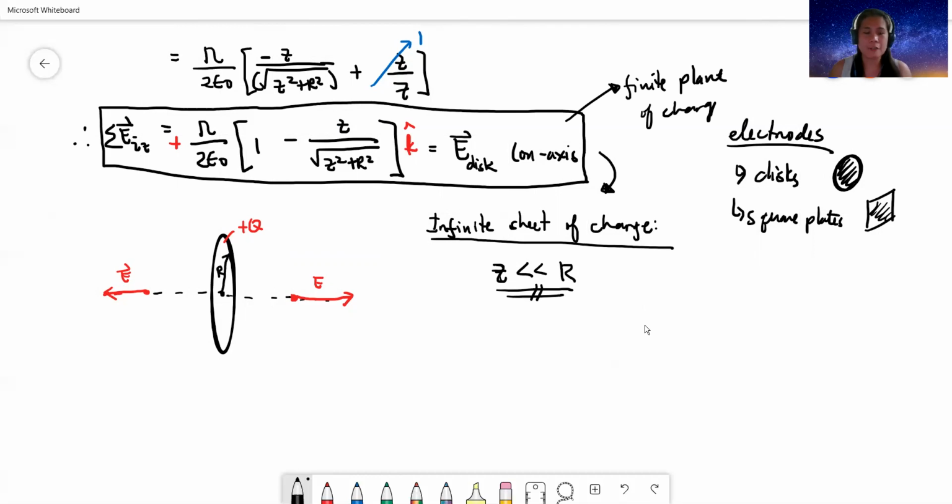Kasi if you evaluate at a very far distance where Z is much greater, then the disk will again behave as if it's just a point charge, no? Kung i-simplify mo siya. So, let me look at my notes for the case that I want to discuss. Ayan.